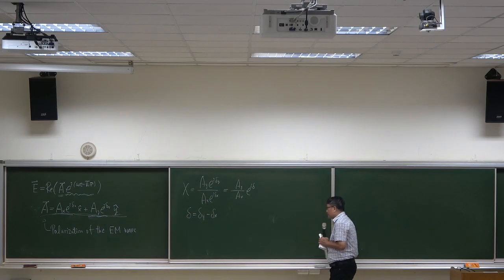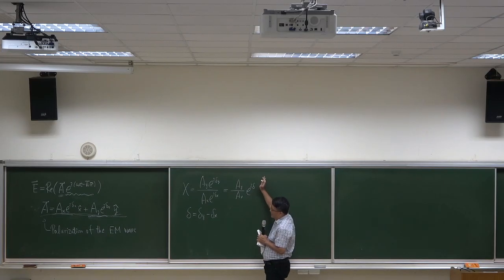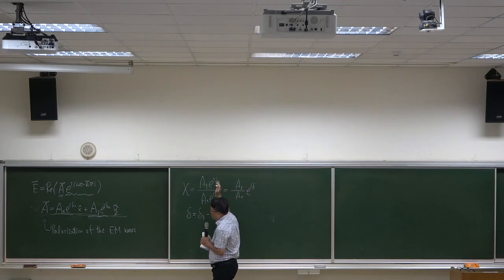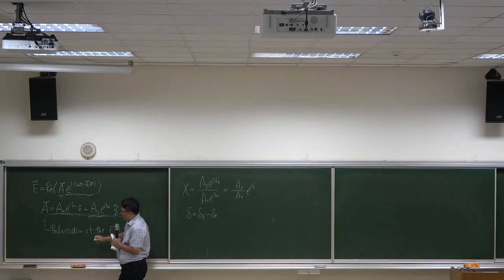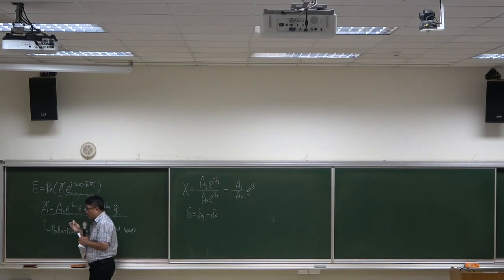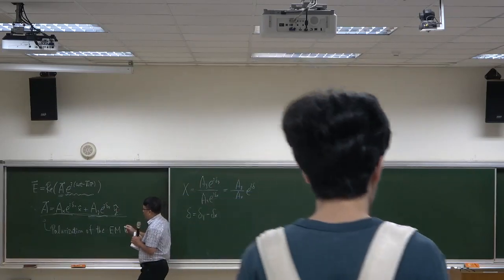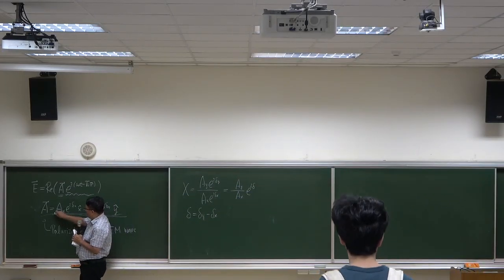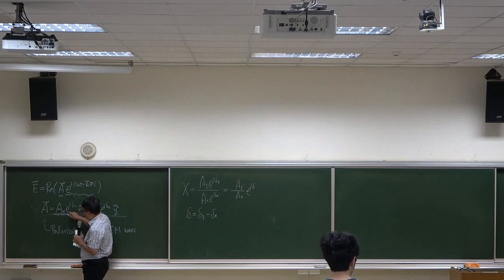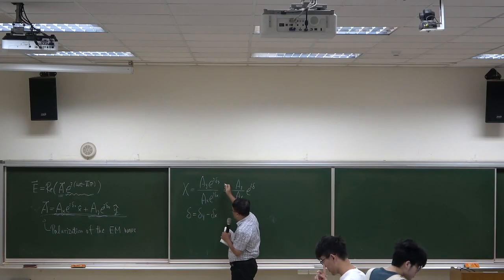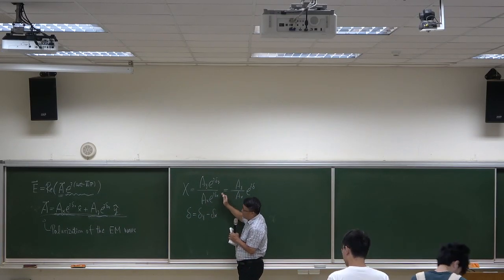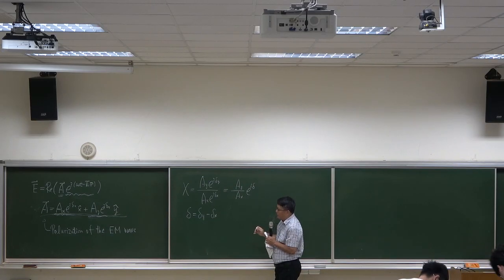So once we know this chi, we can write down the A. Only one thing is uncertain. We do not know the exact value of A_x exponential i delta_x, but we know the ratio between the y component and the x component of the A vector.